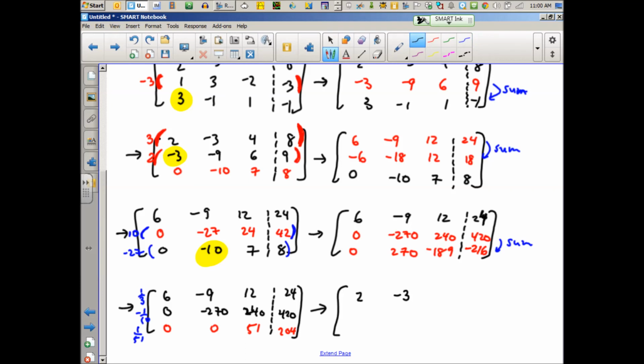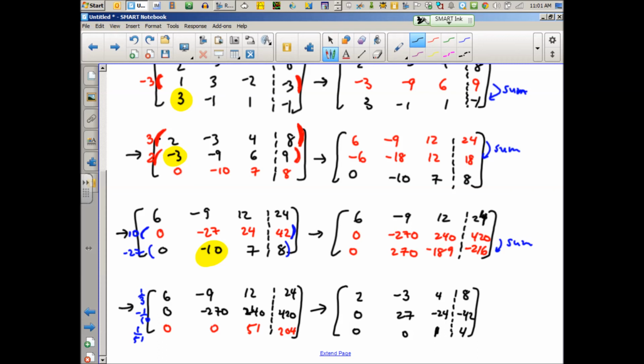It's 2, negative 3, 4, 8, you see? And this row just reads 0, 27, negative 24, negative 42. And this bottom row is, look, 0, 0, 1, 4. You see? So just get it back down to smaller numbers again before you proceed.